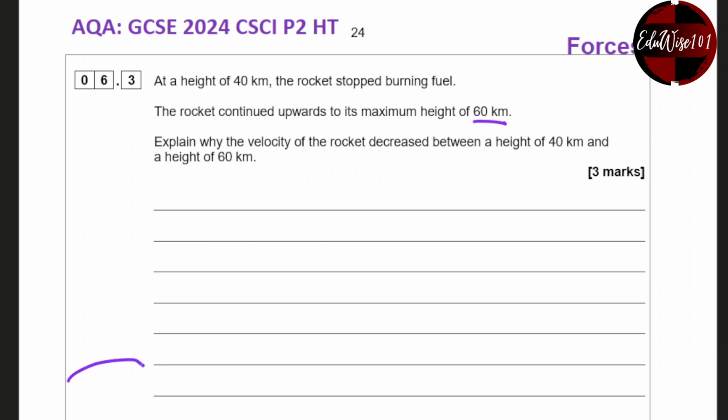So let's say that's the surface of the Earth, and from there to there, let's say it's 40 kilometers, and the fuel is used up at this point. The rocket goes a further 20 kilometers. Now the question is asking, why does the speed decrease after 40 kilometers?